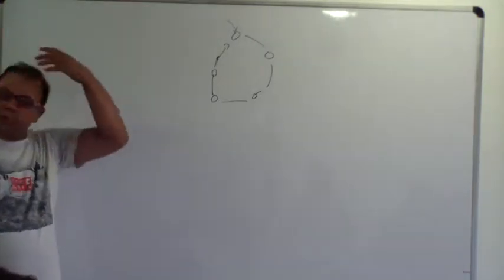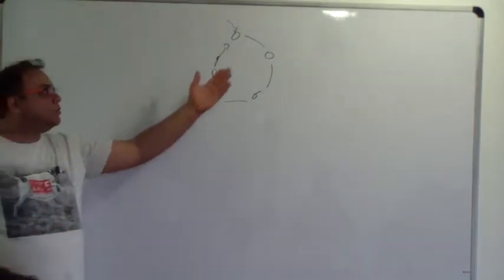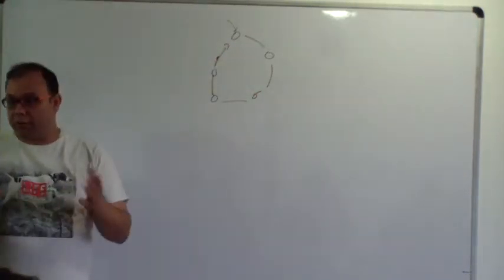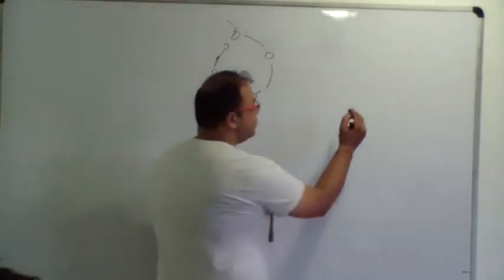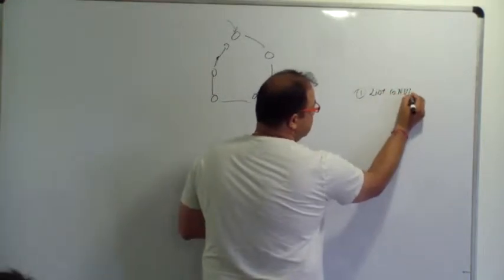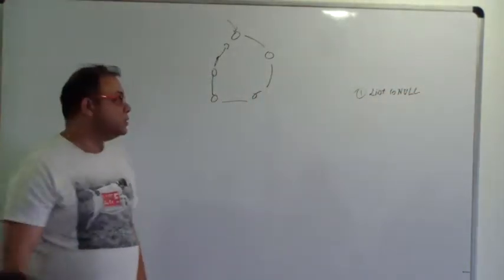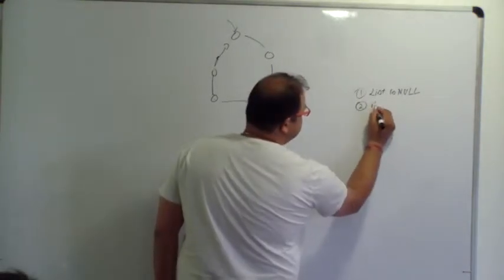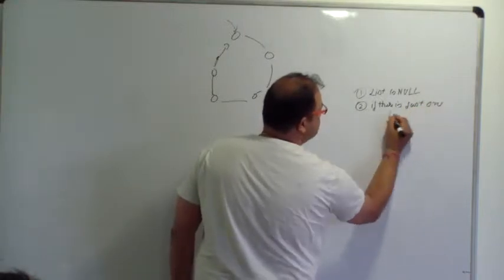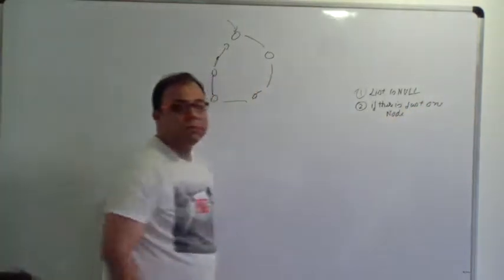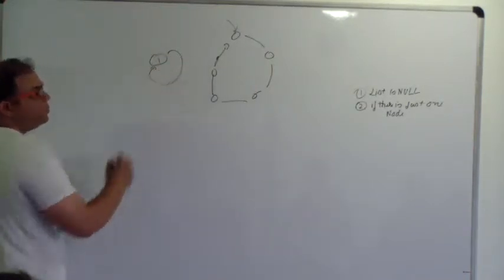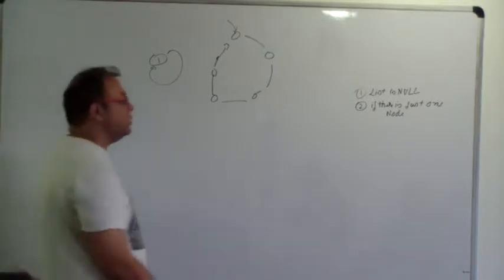So how would you start doing this? You will first try to figure out what the different conditions are. The first condition would be that the list is null. The second condition would be if there is just one node, which means, let's say, 1 is there and it is pointing backwards to itself.